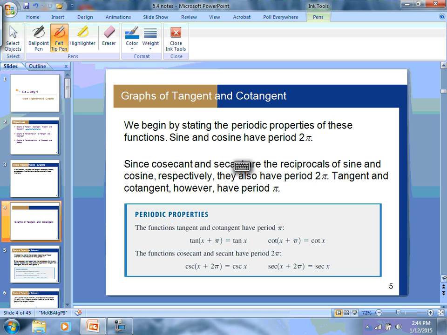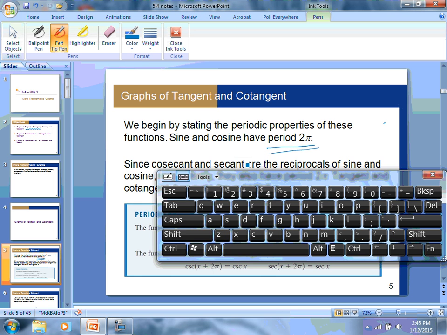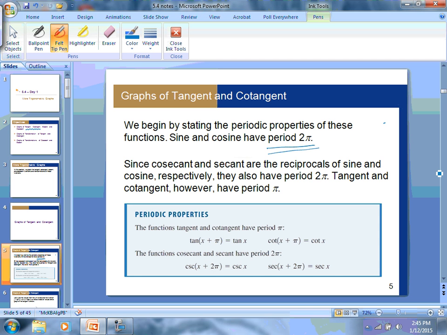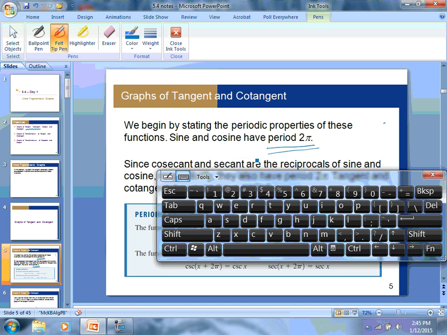All right, so if we're graphing the tangent and the cotangent functions, we have to remember that sine and cosine both have a period of 2 pi. And the tangent and cotangent then are going to have a period of pi.